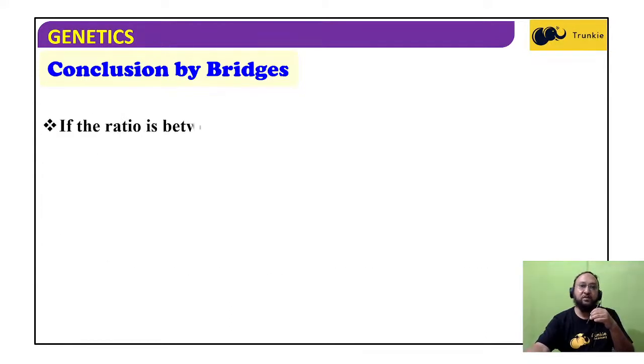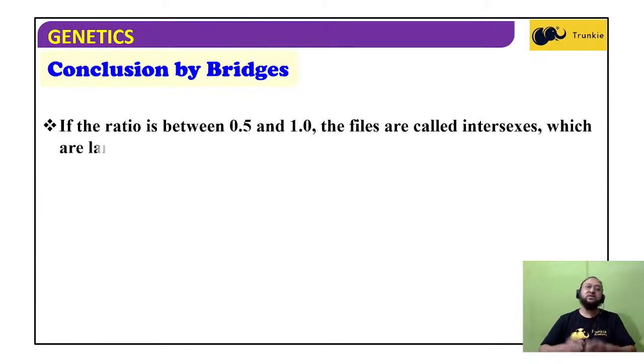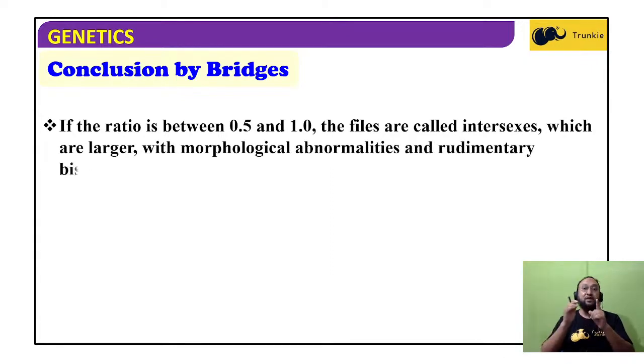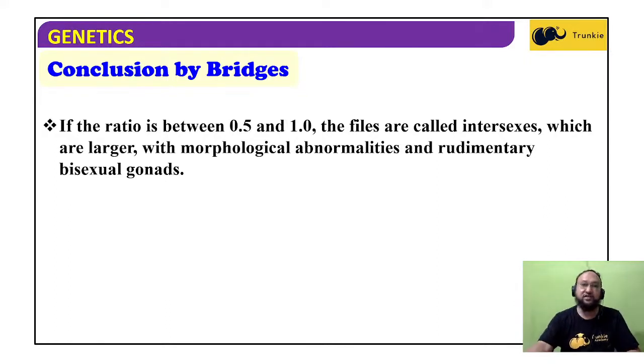Now the conclusion by Bridges: if the ratio is between 0.5 and 1.0, the flies are called intersex, which are larger, with morphological abnormalities and rudimentary bisexual gonads, which are non-functional. The individuals will not be fertile.